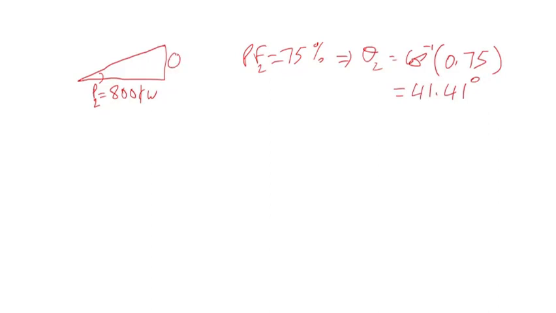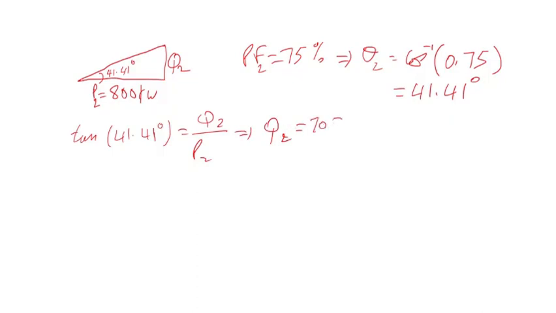So Q2 I can calculate, because I know this is 41.41 degrees. So I know tan of 41.41 degrees equals Q2 divided by P2. So Q2 is equal to 705.53 kVAR.